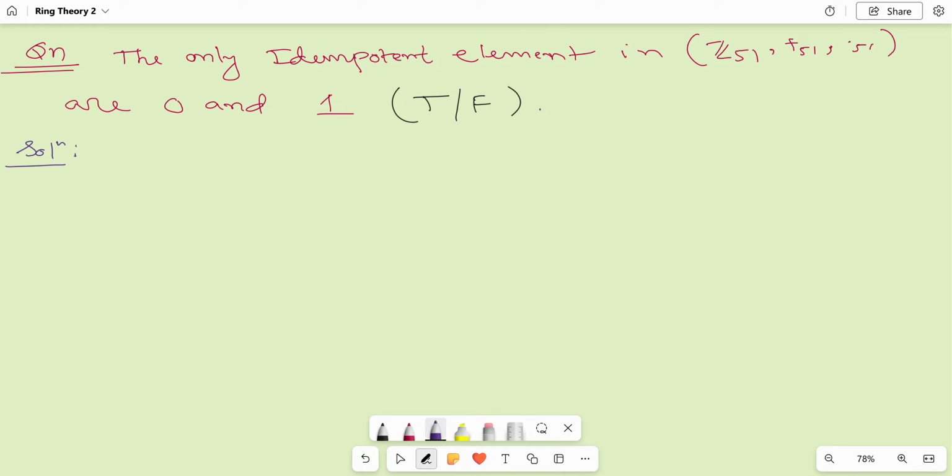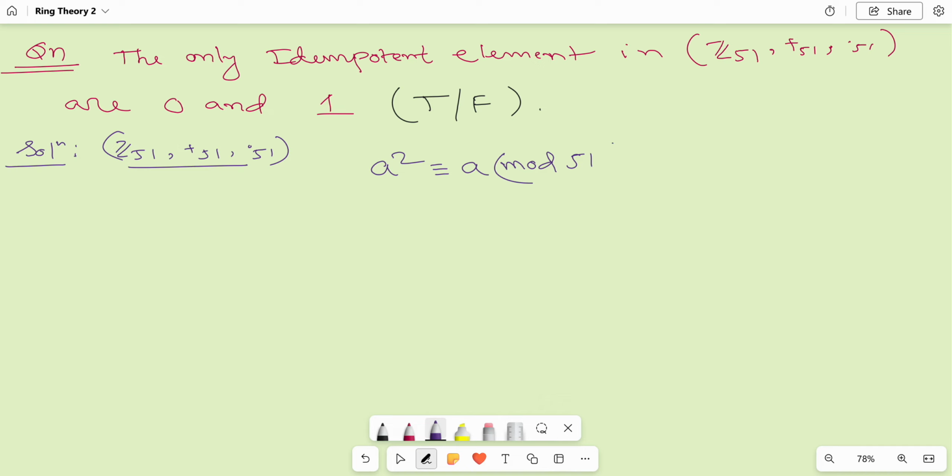I don't know whether it is true or false, but let me see. We will consider Z51, that means addition modulo 51 and multiplication modulo 51. In this ring, suppose a is an idempotent element, so a square is congruent to a mod 51.